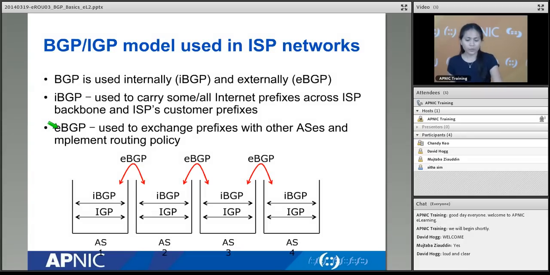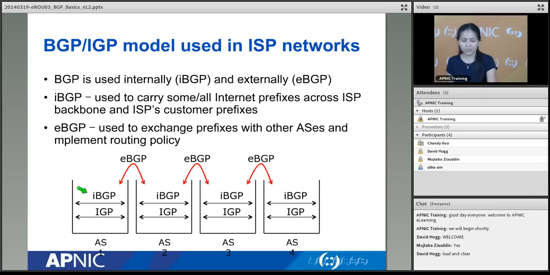Now, you also have to run both iBGP and eBGP. iBGP within your network, to carry prefixes across your backbone, across your internal network, and maybe your customer prefixes.